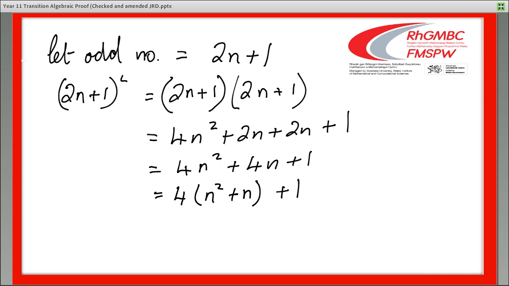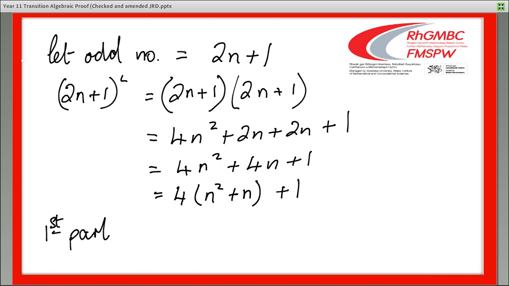So the first two terms have a common factor of 4, irrespective of the choice of n. Now, I can divide that bit by 4 and it gives me an exact value. But then we've got the plus 1 left on the end.